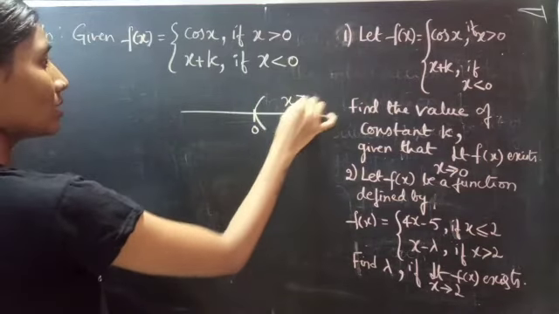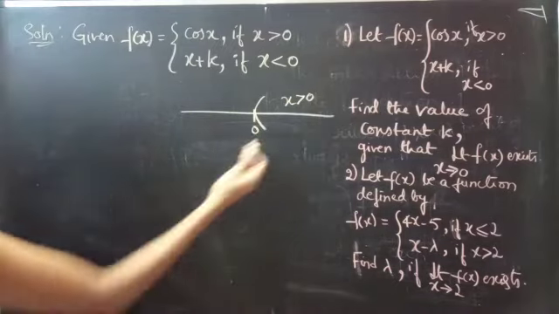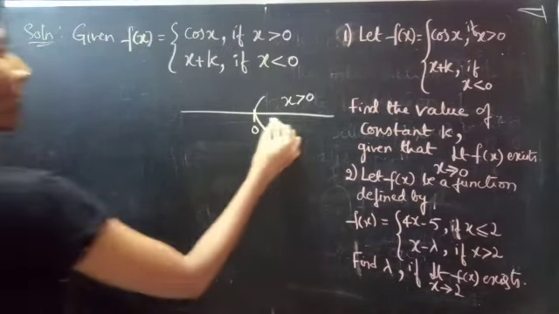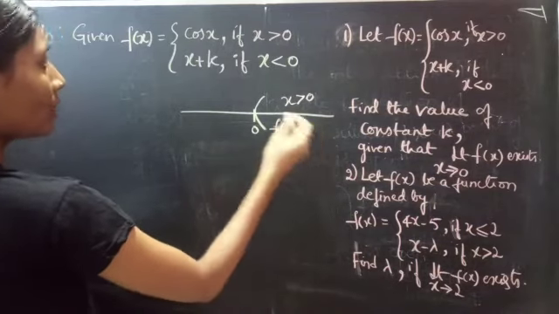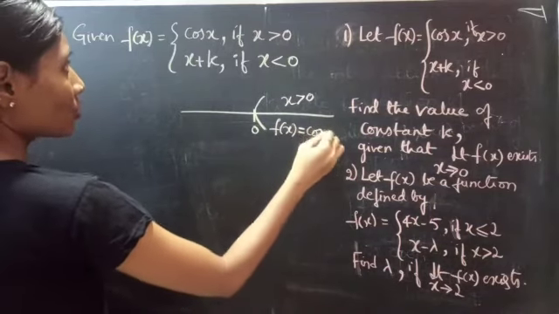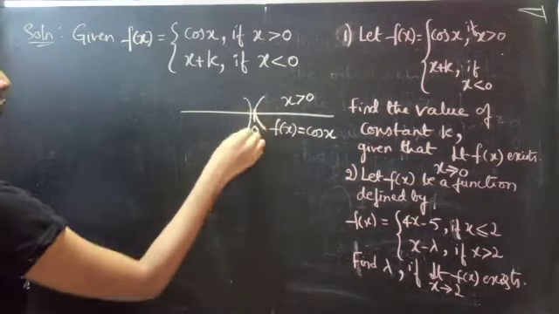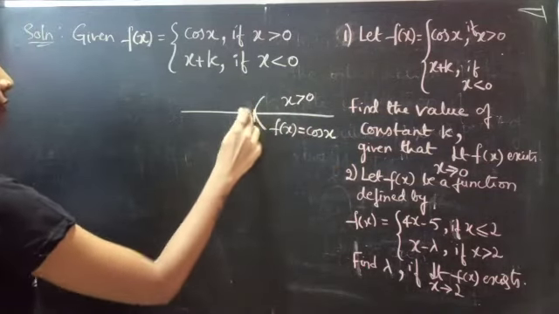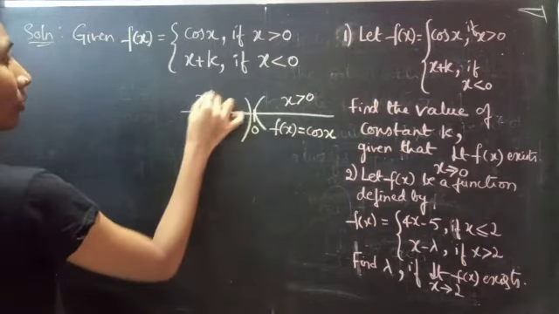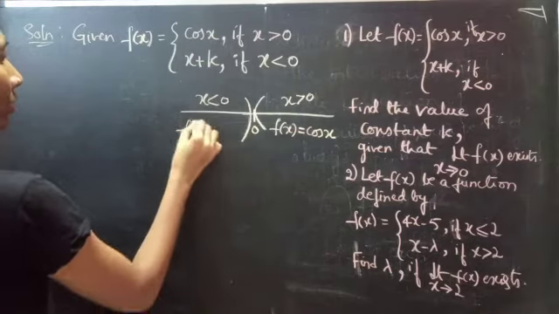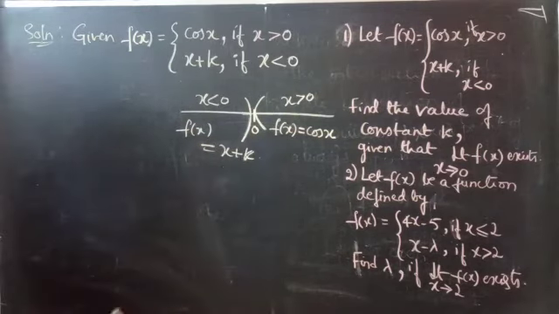If x is greater than 0, that is towards the right side of 0, we'll have f of x equals cos x. If x is less than 0, we'll have f of x equals x plus k.